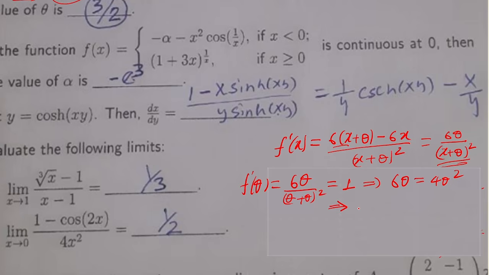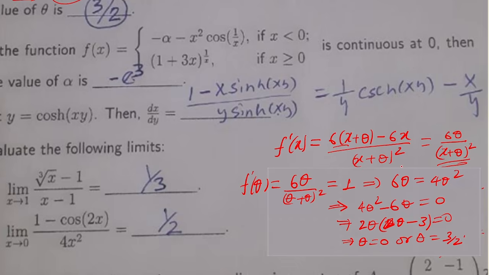Let's write this as 4 theta square minus 6 theta is equal to 0. Implies 2 theta, common factor, 2 theta minus 3 is equal to 0. For this product to be 0, either theta should be 0 or theta is equal to 3 over 2.